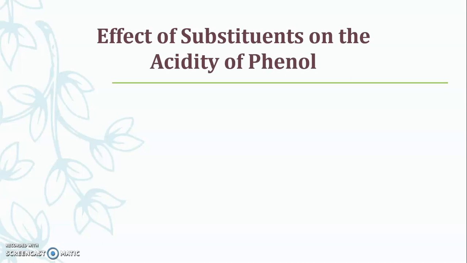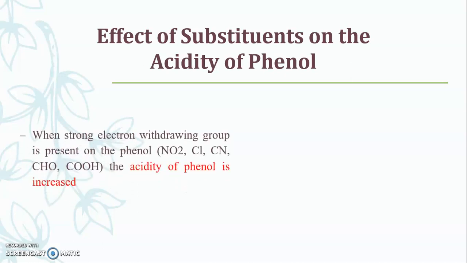The acidity of phenol changes upon changing the substituent present on the phenol. There are two different types of substituent: one is the electron withdrawing group and the other is the electron donating group.